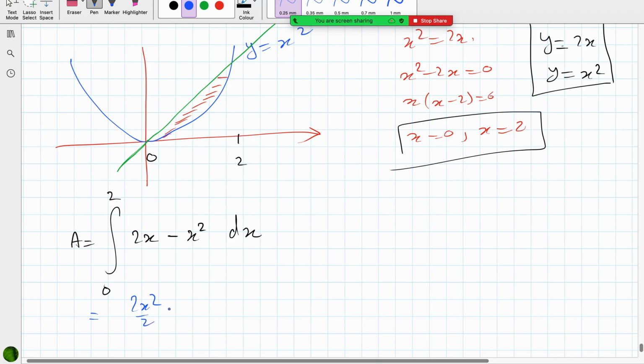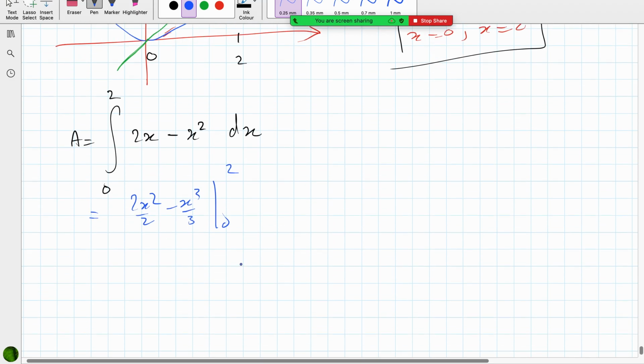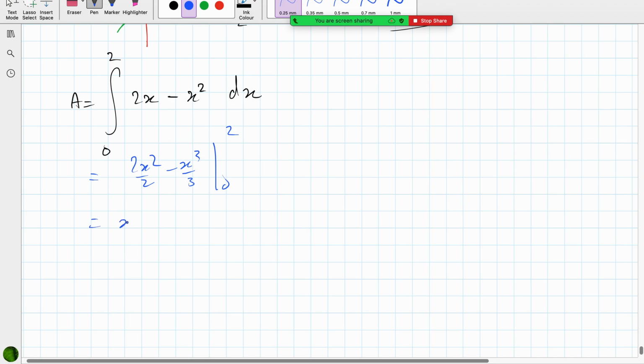So 2x square over 2 minus x cube over 3 from 0 to 2. One step of simplification. So upper limit is 2 square minus 2 cube by 3, minus lower limit is 0 squared minus 0 cube by 3.